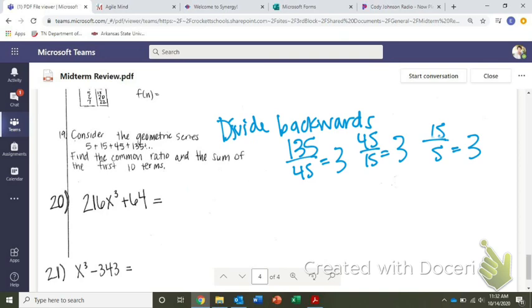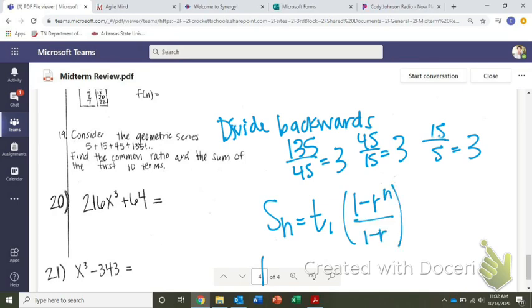You must know this formula. All this means we're looking for the first 10 terms, so n equals 10. The first term is 5. 1 minus our r, which is 3.